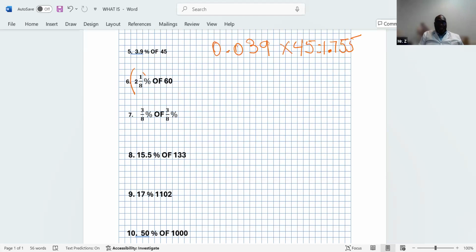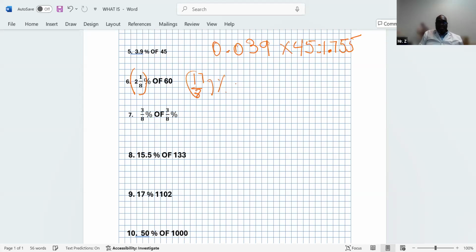So convert that to a mixed number, then we're going to divide that by 100. You're going to have 8 times 2, 16 plus 1, 17. So now you have 17 over 8.